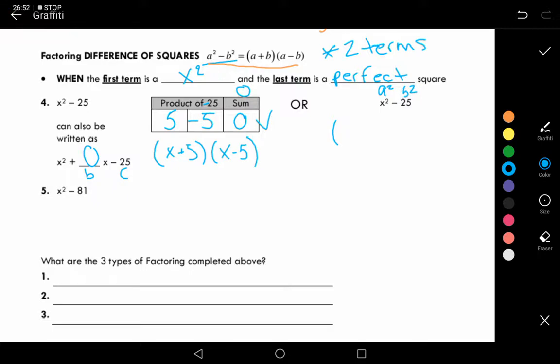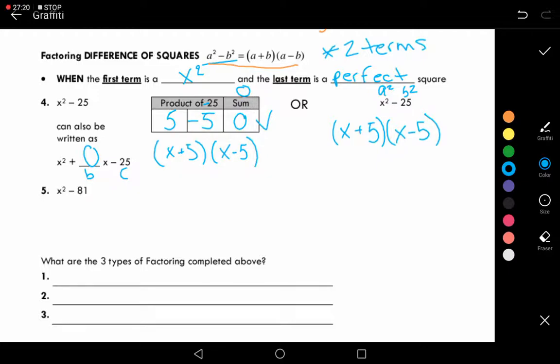So for x squared, if I take the square root of that, I just get x, plus b. Well, b is going to be the square root of 25, which is 5. Then my second bracket is going to be x again, this time minus that same value of 5. So I could just use this special formula to factor that instead of going about my chart.